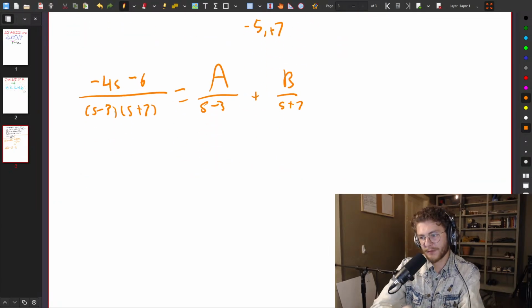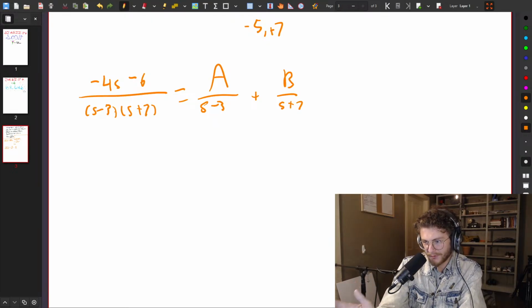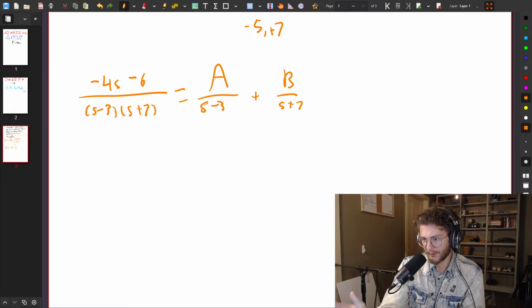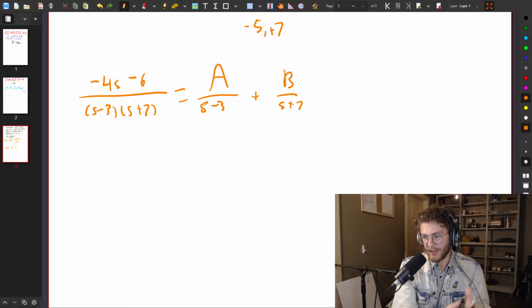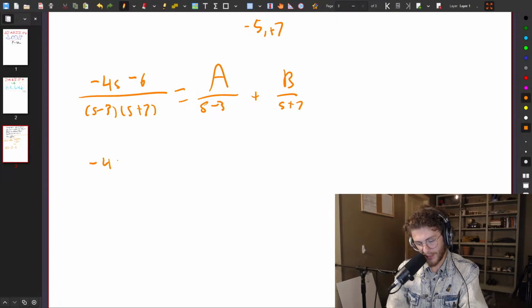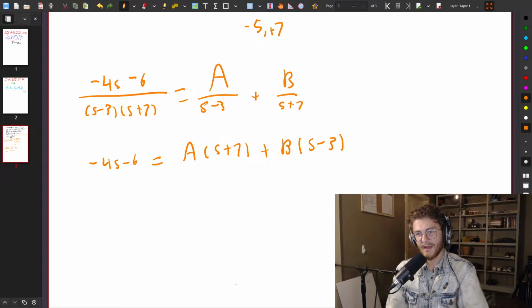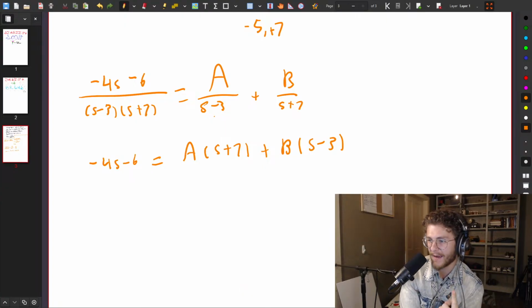We can multiply both of these sides by... We're gonna do the thing. What we do is we're gonna take the bottom. We're gonna multiply the denominators on the bottom of the left side, and then we're gonna get negative 4s minus 6 equals a times s plus 7 plus b times s minus 3. Why? Because s minus 3 got canceled in the last step.